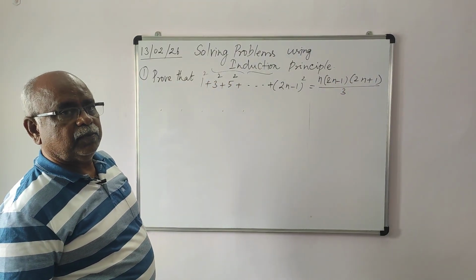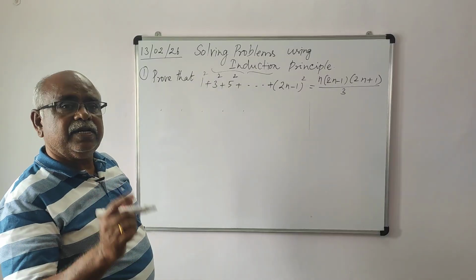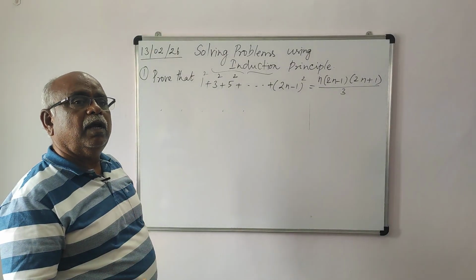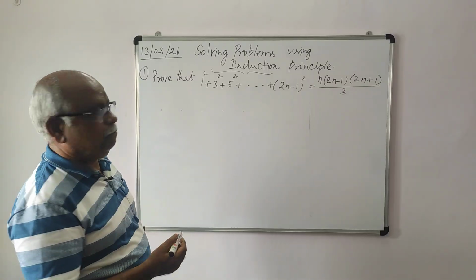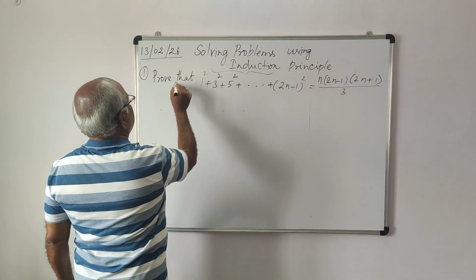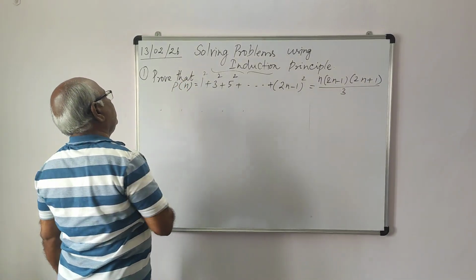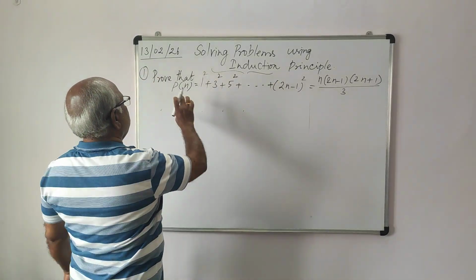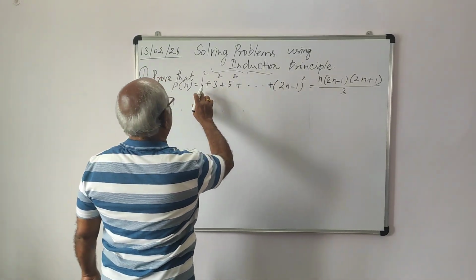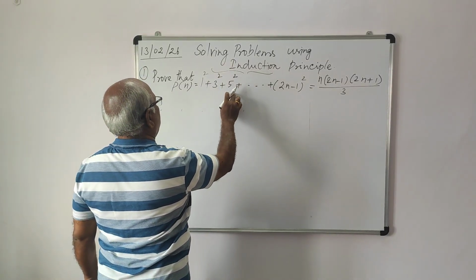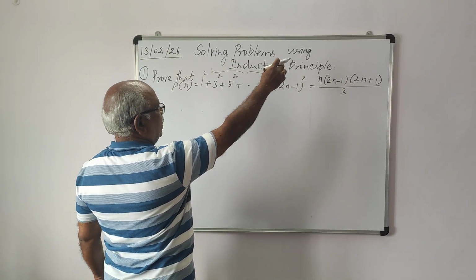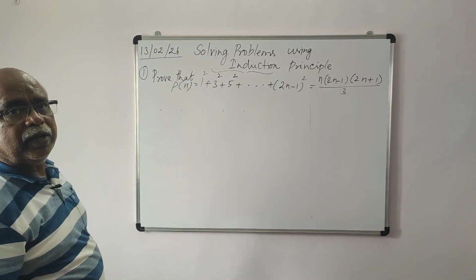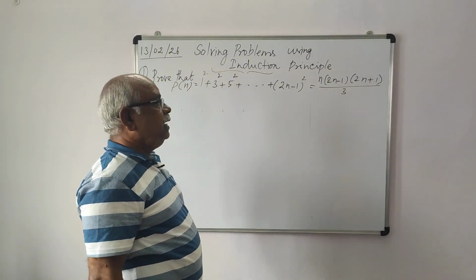You know the induction principle. Step 1 is the initial step. That is, we have to prove that the result is true for n equal to 1. We will denote the given result by P of n. P of n equals 1 square plus 3 square plus 5 square etc. plus (2n minus 1) square on the left hand side, and on the right hand side n into (2n minus 1) into (2n plus 1) by 3.